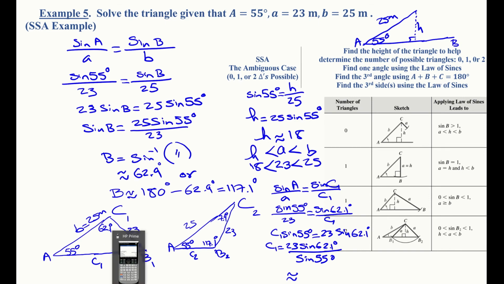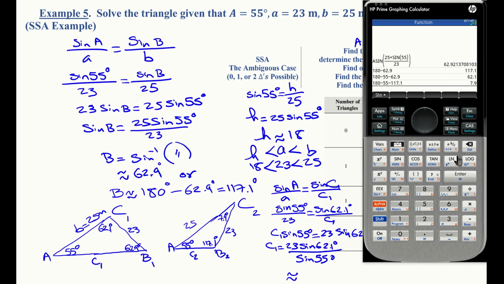So we're going to do 23 times sine of 62.1, and then divide by sine of 55.